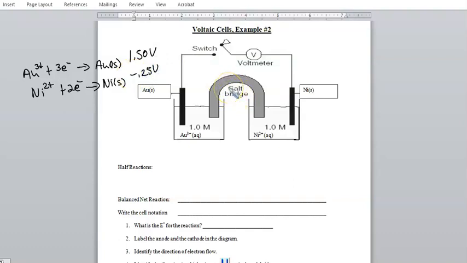Well, the gold is more likely to be reduced, so the gold is going to be my reduction part, so I'm going to leave that. I don't have my aqueous. I'll get my aqueous in the final one. So this is going to stay, but I'm going to flip the other guy around.